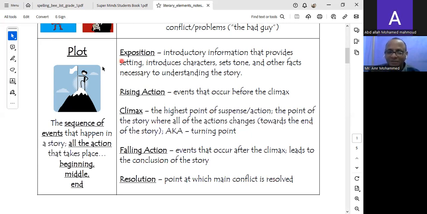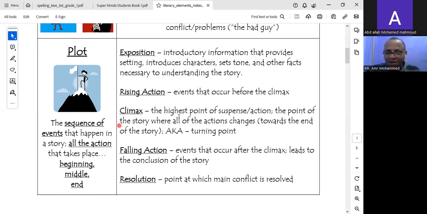This is the exposition. The rising action. What is the rising action? These are the components of the plot: exposition, rising action, climax, falling action, and resolution or solution, or the moral. The next element will be the moral. The rising action is the events, a group of incidents that occur before the climax.